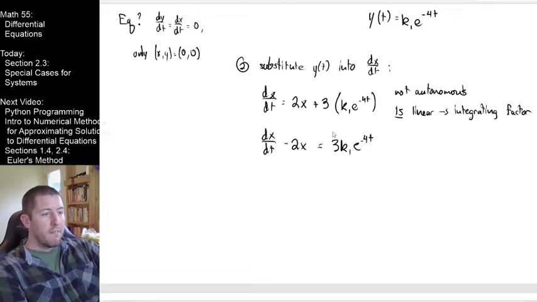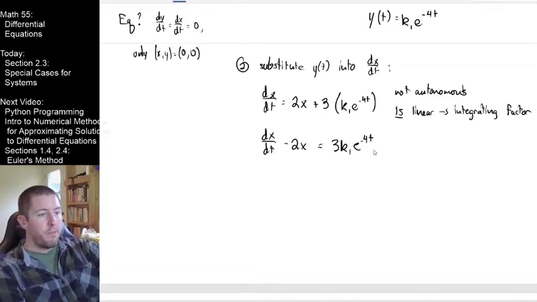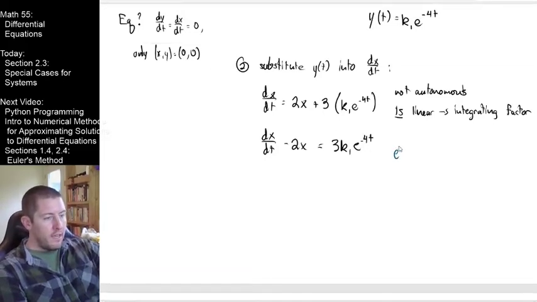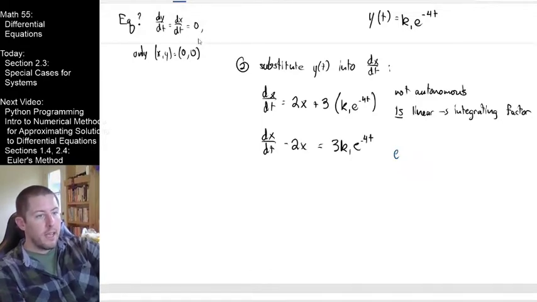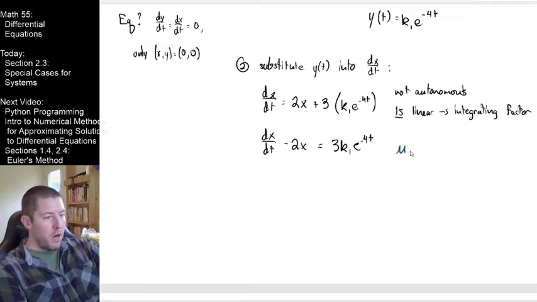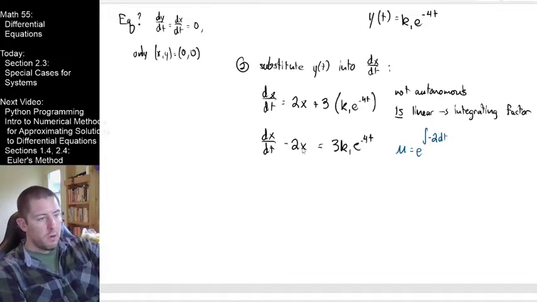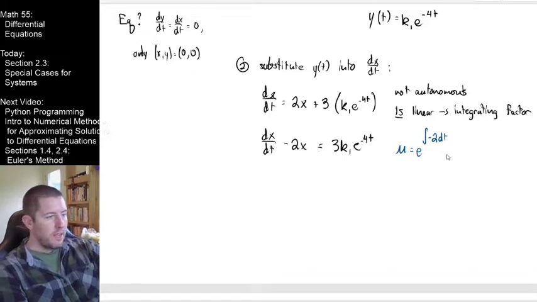So our integrating factor, let me write this as mu, is e to the integral of negative 2 dt. That's what we're looking for, the coefficient on the x term. So it looks like it's an e to the negative 2t.